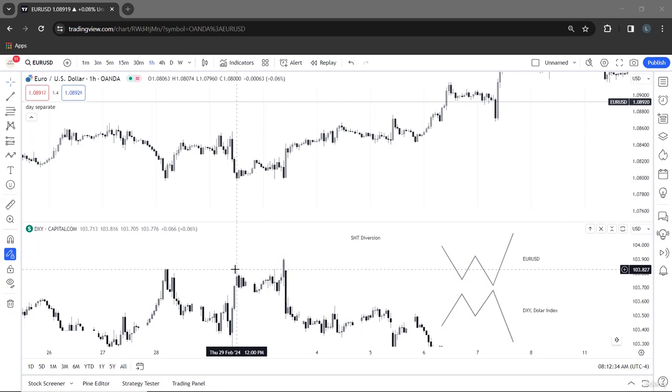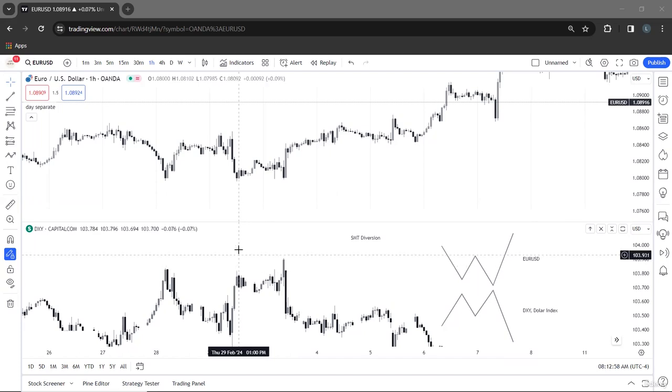But the dollar index SMT divergence, some have described it as one of the most powerful confluences we can have to back up our higher time frame bias. It is a powerful tool that you can use in solidifying your trade idea.